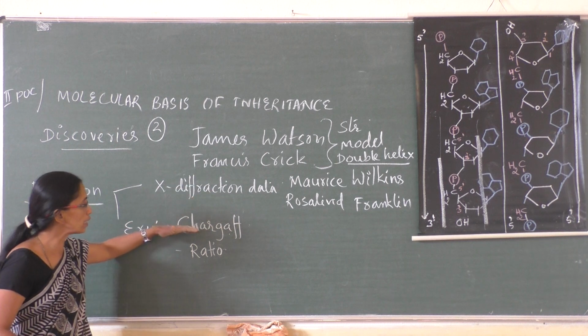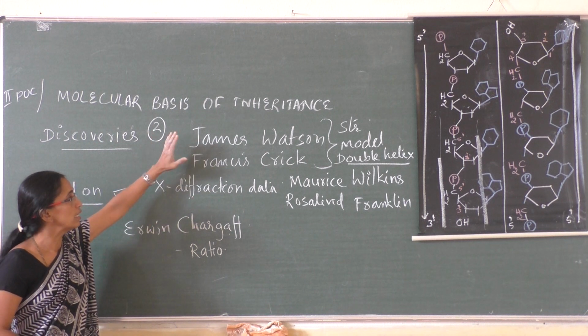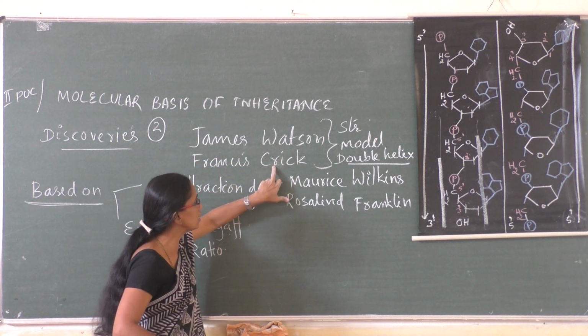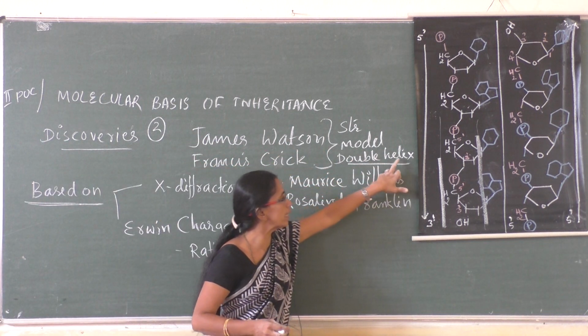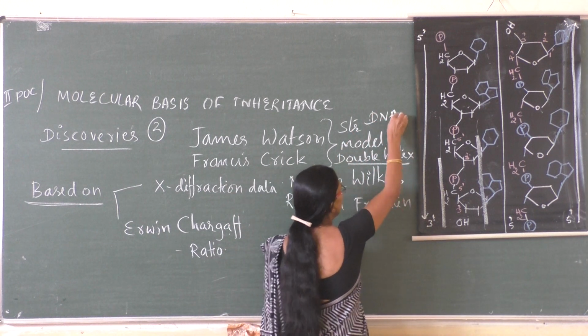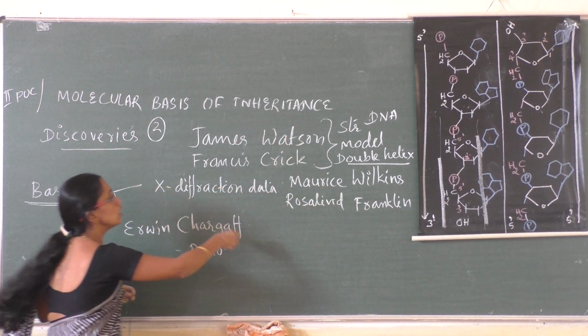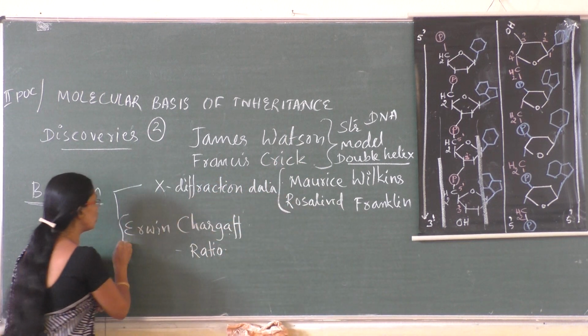So these two works were prior to Watson and Crick. Watson and Crick proposed this double helix model to explain the structure of DNA, and their work was based on these two scientists' work. So what are they?